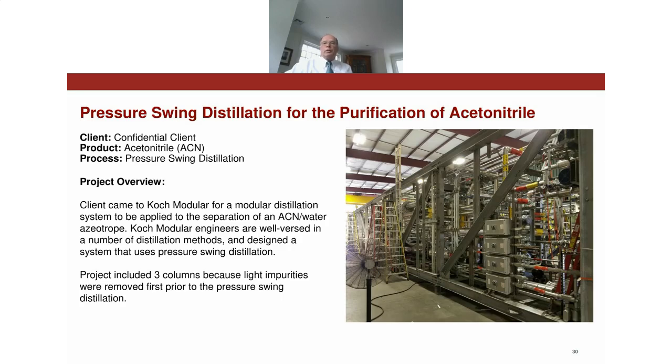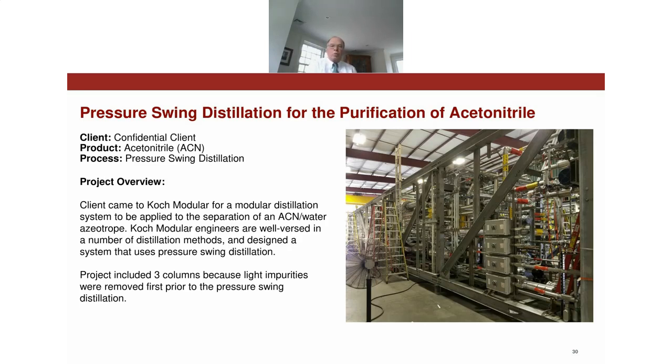Okay, we're going to move on to another solvent recovery application that's a bit more difficult of a separation. It involves, again, a pharmaceutical client in Puerto Rico. It involves the separation and drying of acetonitrile from a mixture that had about 17.5% acetonitrile in it.